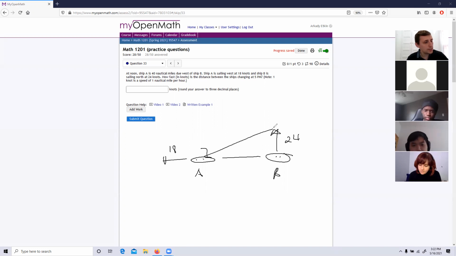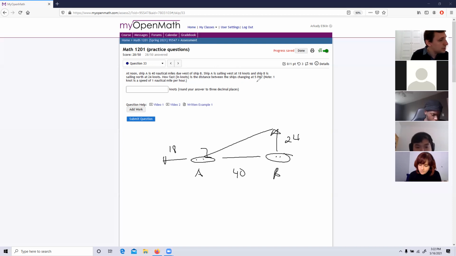So how fast is the distance changing at 5 p.m.? So first the distance between them is 40 nautical miles, and after, at noon, so it's at 5, it's 5 hours later, basically, right?